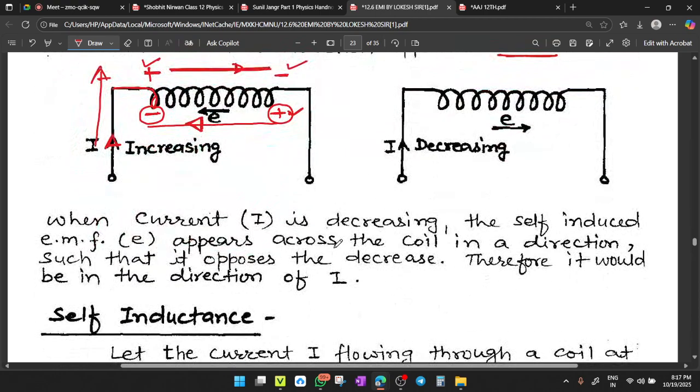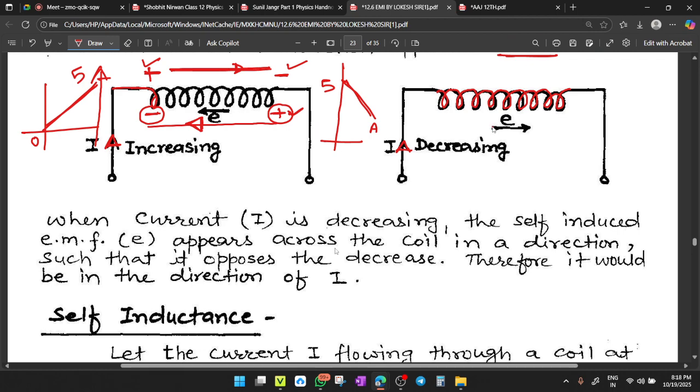Second case, now your current is decreasing. In the first case, your current increases from 0 to 5 ampere when you switch on the circuit. Now, when you switch off the circuit, it means current is decreasing from 5 ampere to 0 ampere. So the induced EMF will be produced in such a way that it will support your current, not let the current decrease.